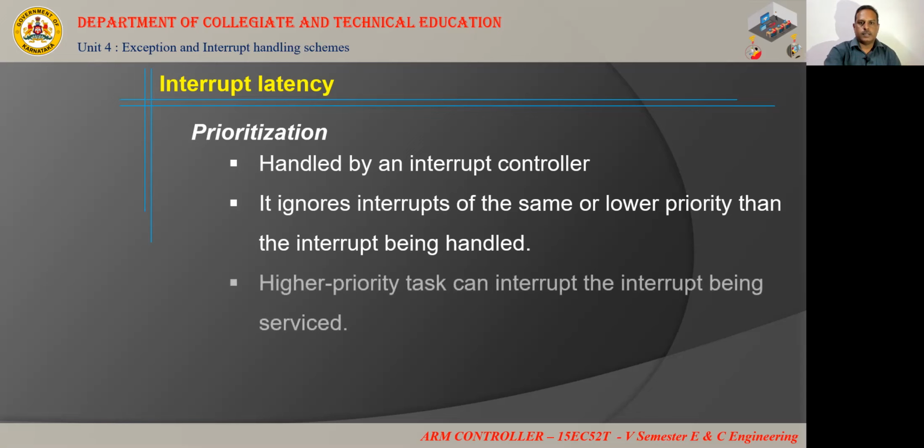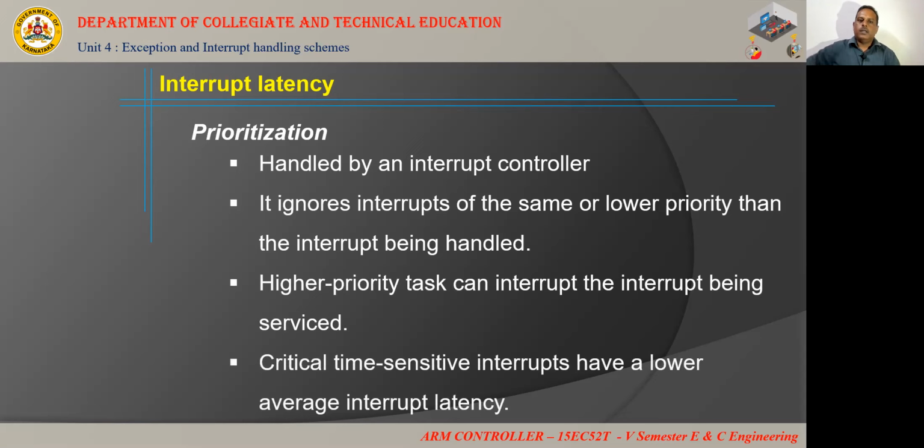So that is prioritization. Higher priority tasks can interrupt the lower priority tasks. If one interrupt is being serviced, only an interrupt of higher priority than this may interrupt this service routine, not the interrupts which have lower priority.